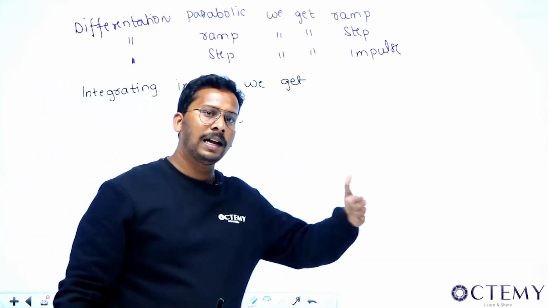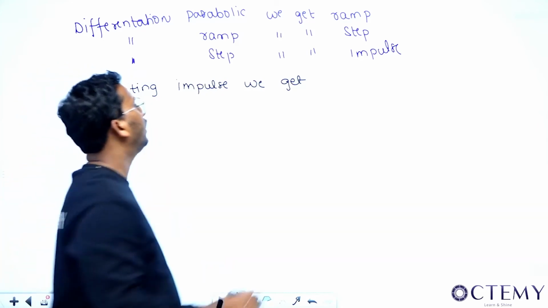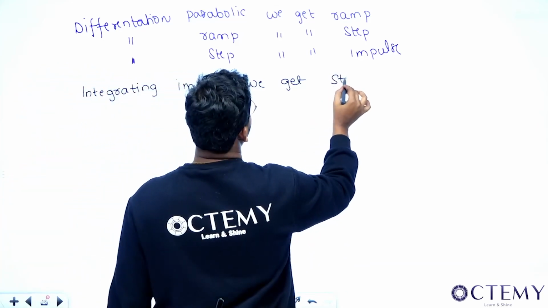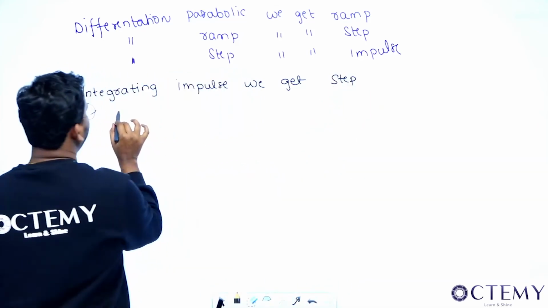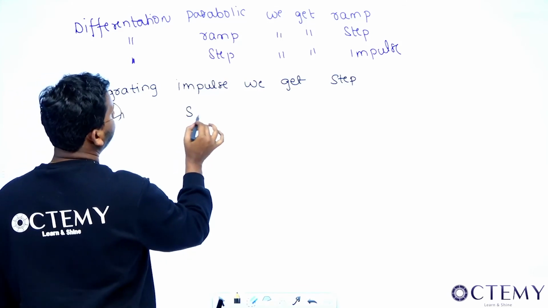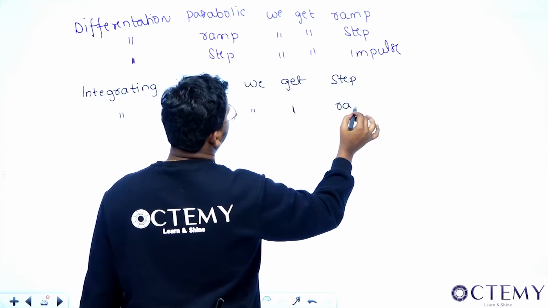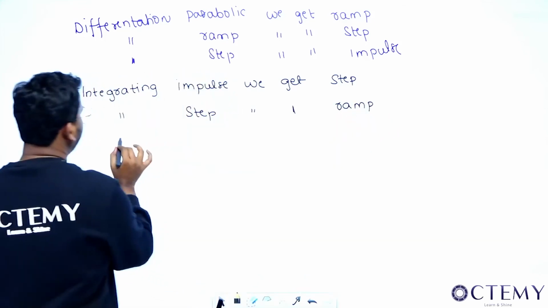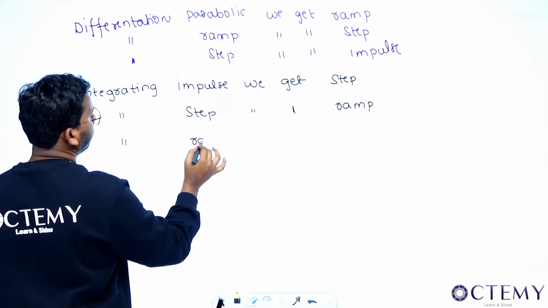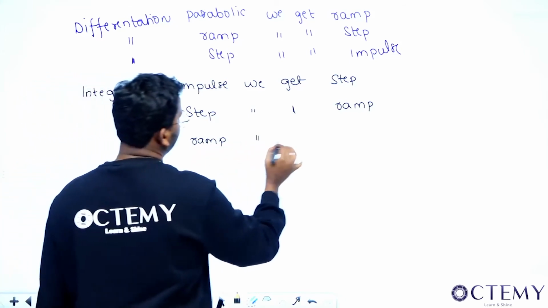If you keep on adding all the impulses, you get step. And if you integrate your step, we get ramp. If you integrate your ramp, you get parabolic.